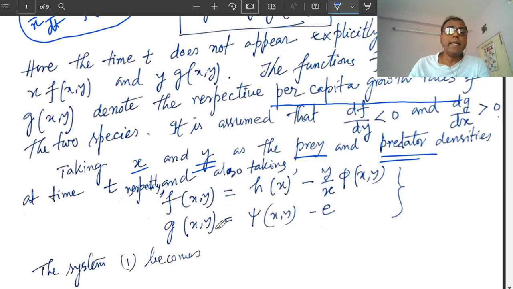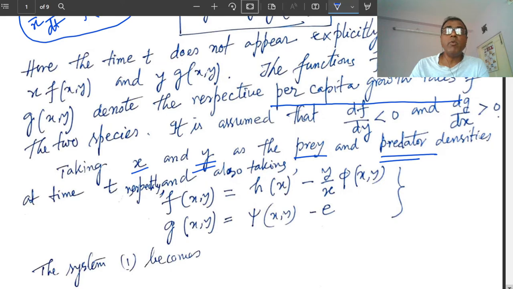Also taking this function f equal to some function h(x) minus (y/x) into phi(x,y), and the function g equal to psi(x,y) minus E.